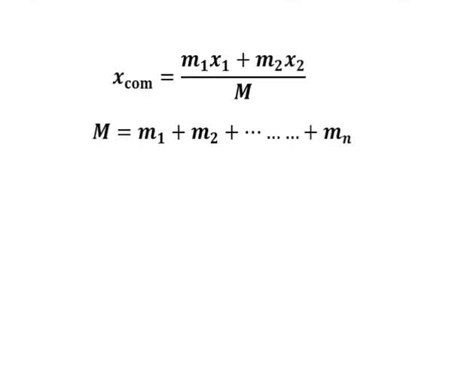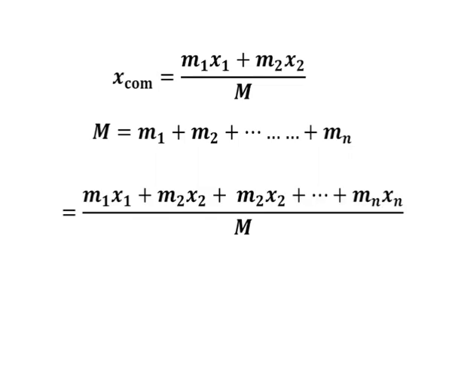We can extend this equation to a more general situation in which n particles are strung out along x axis. Then the total mass is m is equal to m1 plus m2, so on up to mn, and the location of the center of mass is given by this equation, where x center of mass is equal to m1 x1 plus m2 x2 plus m3 x3 and so on up to mn xn, divided by the total mass m.